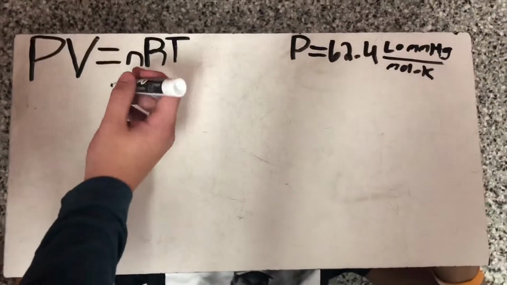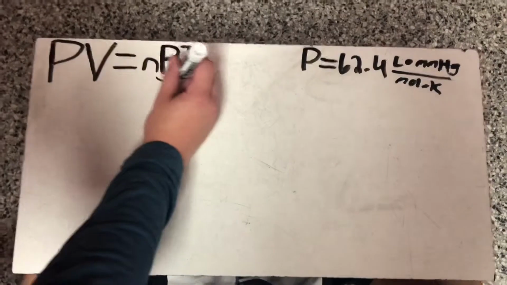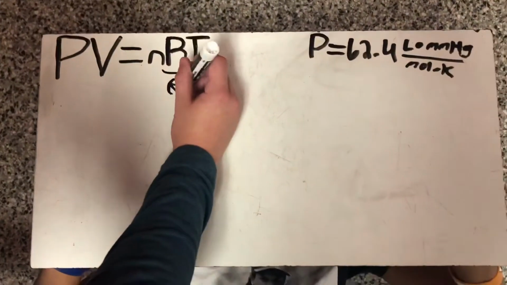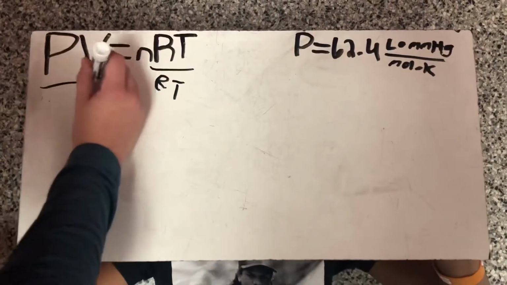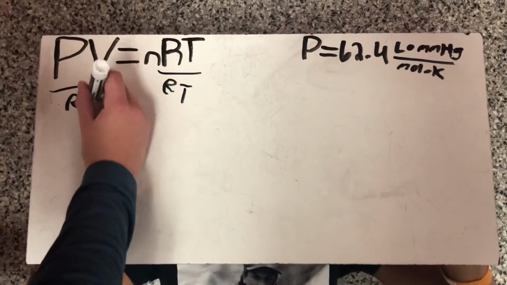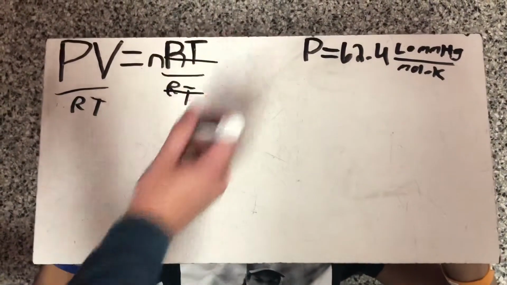Okay, so since we're looking for grams, we're gonna get n by itself. So we're gonna take out our T, we're gonna divide it on both sides, and then cancel these out.